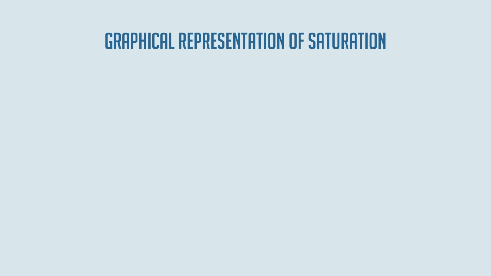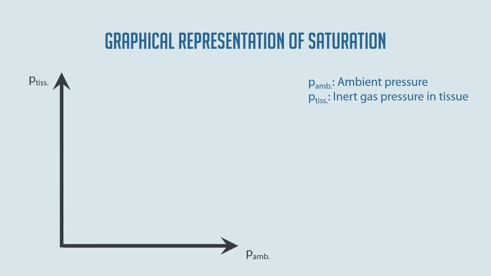On the x-axis, the right one, we have the ambient pressure, which means that the deeper we dive, the higher it rises, so we move further to the right. On the y-axis, the upward one, we have the inert gas pressure within our tissues.